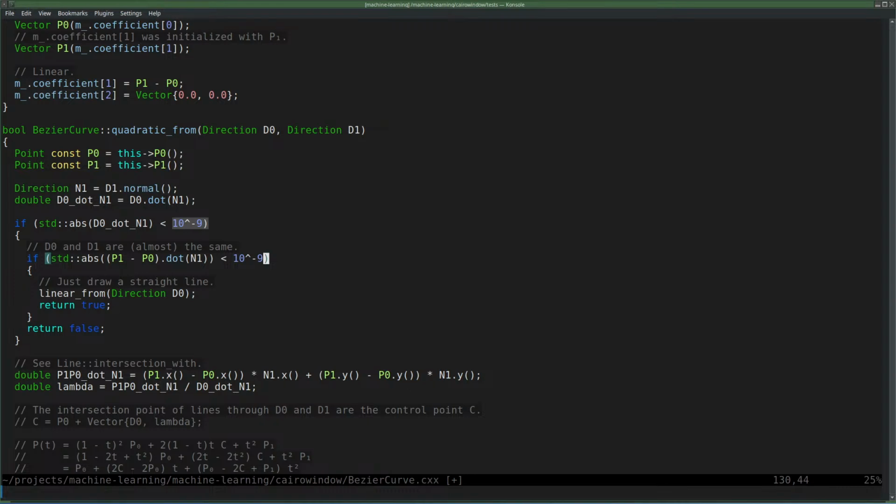Yes, I know. I've taken the dot product with N1. N1 is a normal. It's not a dot product with D1. It's a dot product with the normal of D1.